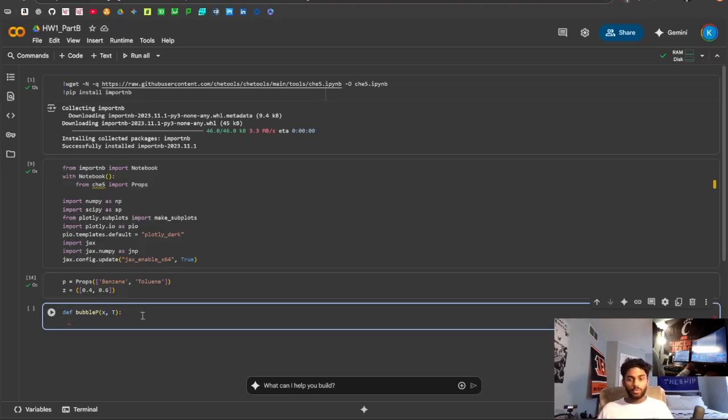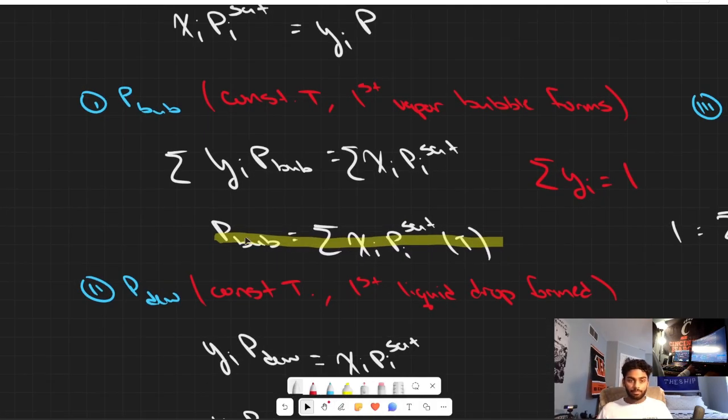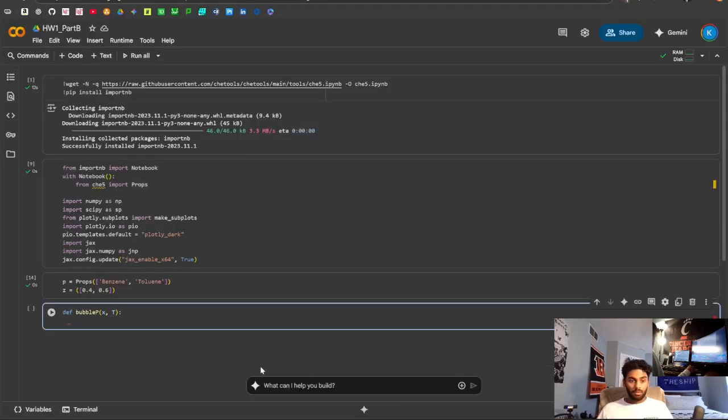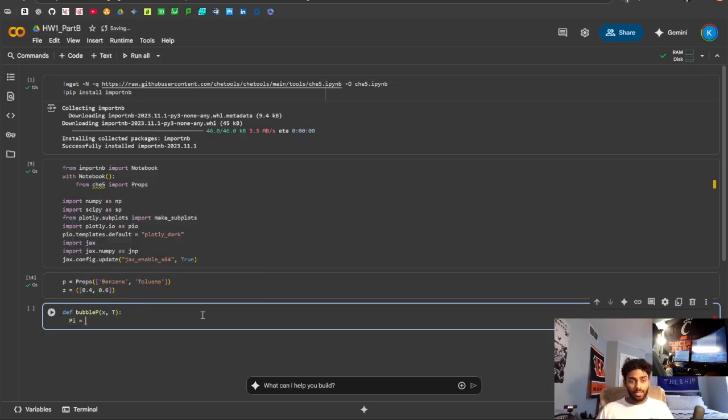The next thing we're going to do is code out the bubble pressure equation that we had derived earlier. So we know that the bubble pressure is equal to the sum of the liquid phase mole fraction of component i times its saturation pressure at temperature T. So let's just say this is the bubble pressure of component i if it were just a single component, and we'll sum this later.